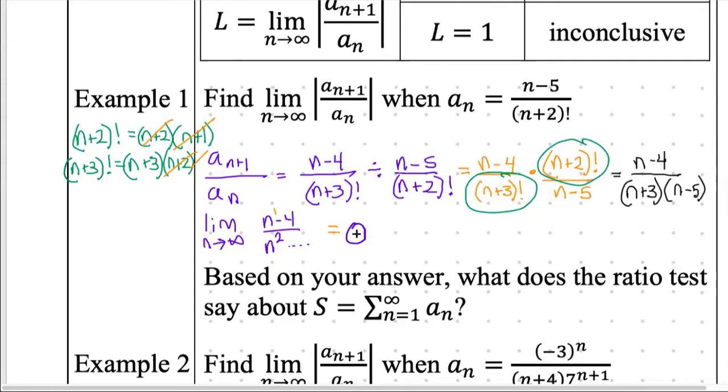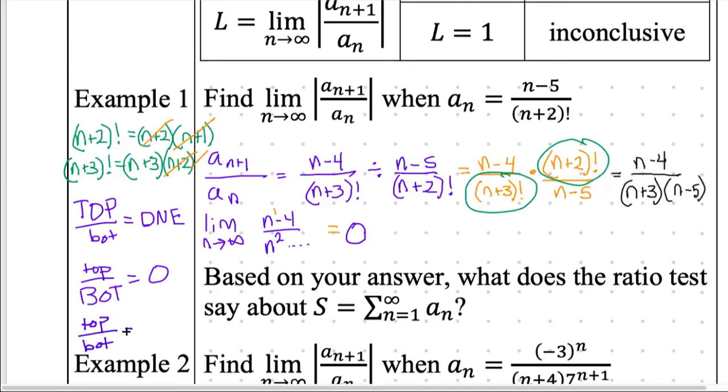So, yeah, I'll give you a quick review on what top-bottom rules are. If the top is bigger than the bottom, that's going to equal DNE, or infinity, depending on how you're writing it. If the top is small and the bottom is big, that's going to equal 0. And that's what happens in this case, right? The bottom was bigger than the top. And if the top and bottom are the same size, then that's going to equal a magic fraction.